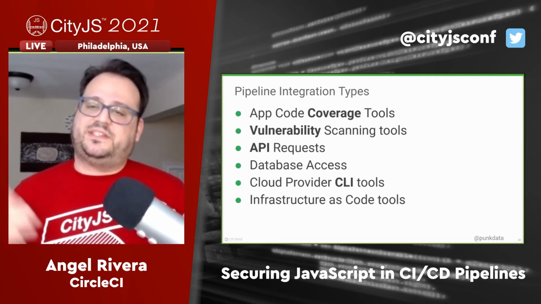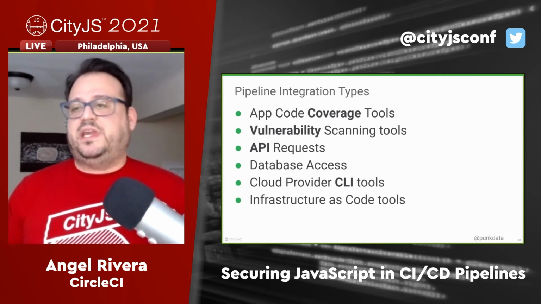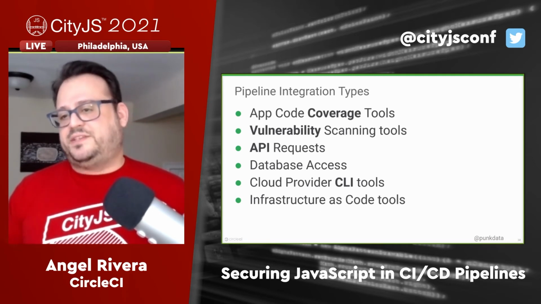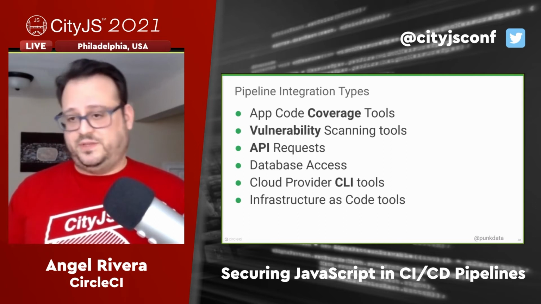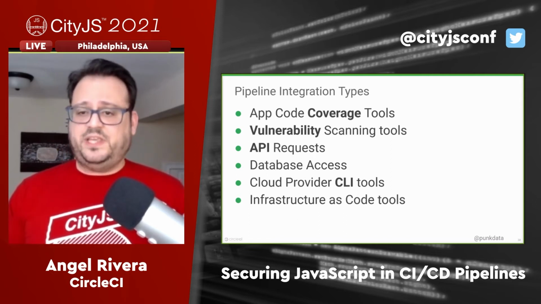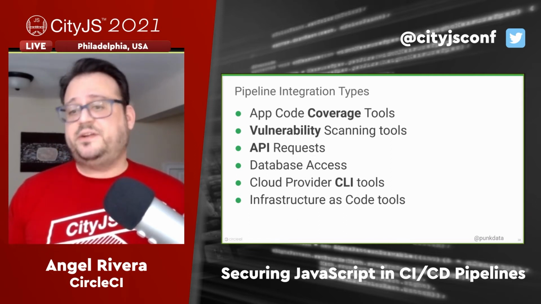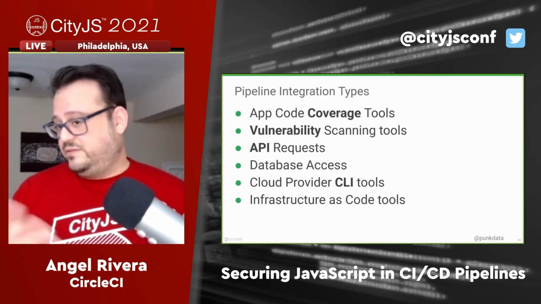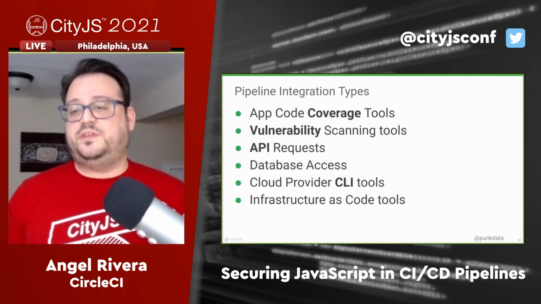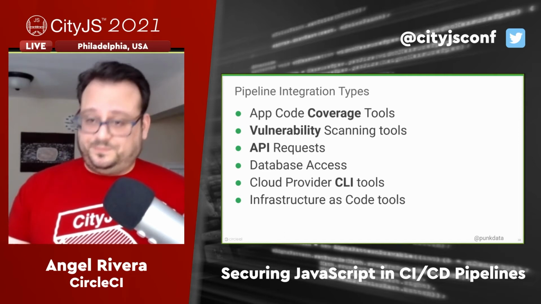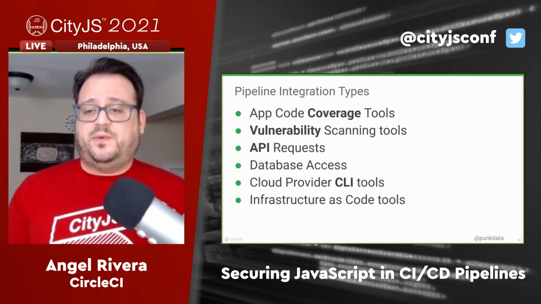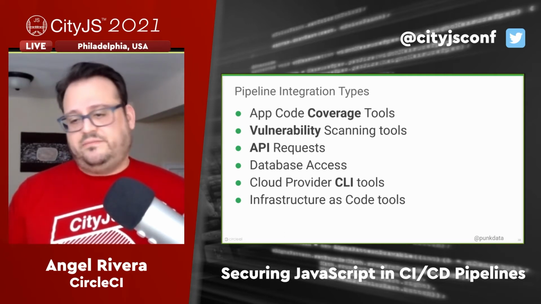And here's a nice list, right? So maybe your application and your pipeline has some form of code coverage tool, right? Ensuring that your applications conform to a certain standard. You're, again, running vulnerability scans within your pipelines. Maybe your pipeline is integrating with an API, database, cloud providers, right?